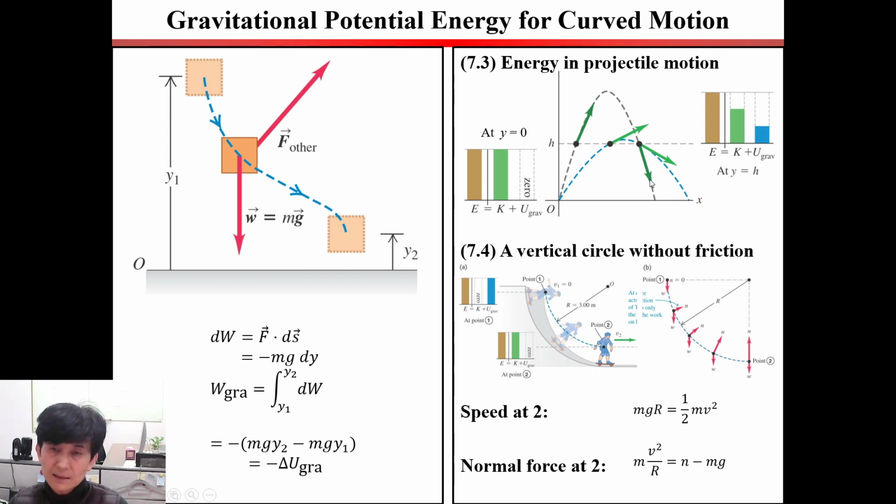So regardless of its path, if the initial speed of this object is given, then the final speed of this object, regardless of its path, are all identical.